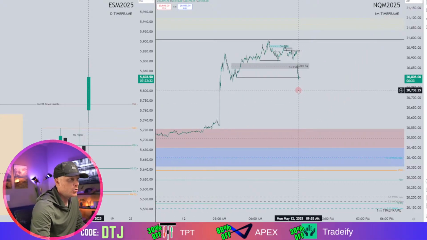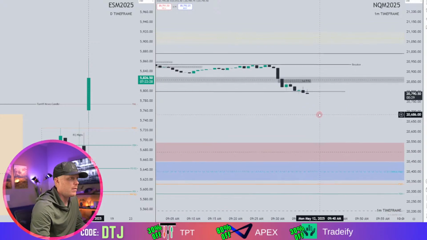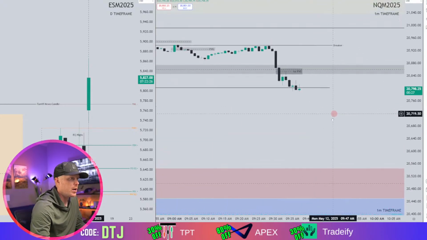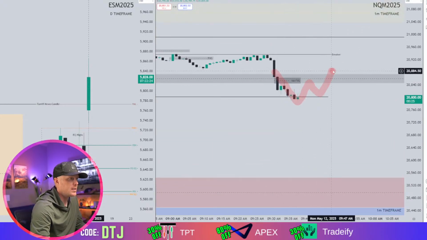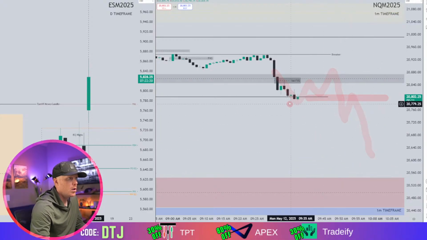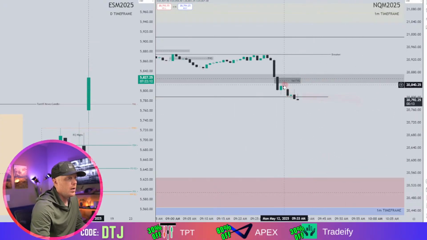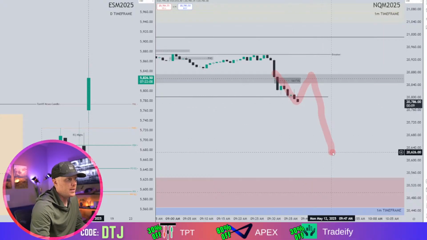So for me to go short, I'm going to need to see some type of inversion, some type of breaker, something that goes like this, and then take the trade right there. Or some trade like this, and we see an inversion right there. It doesn't matter, but I need to see some type of retracement to be able to take the shot lower.